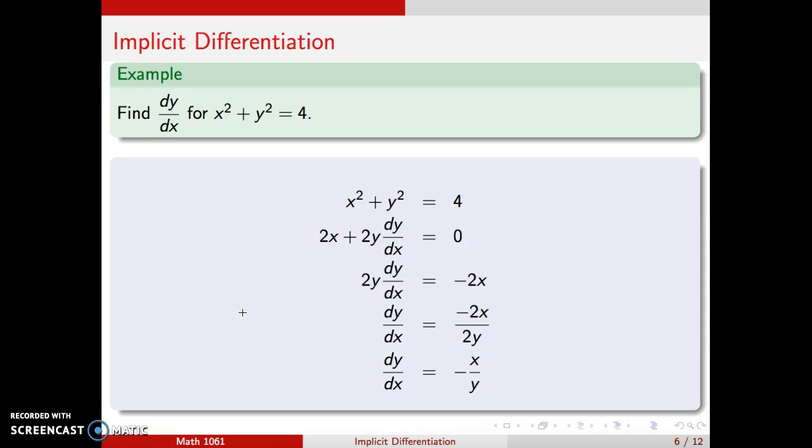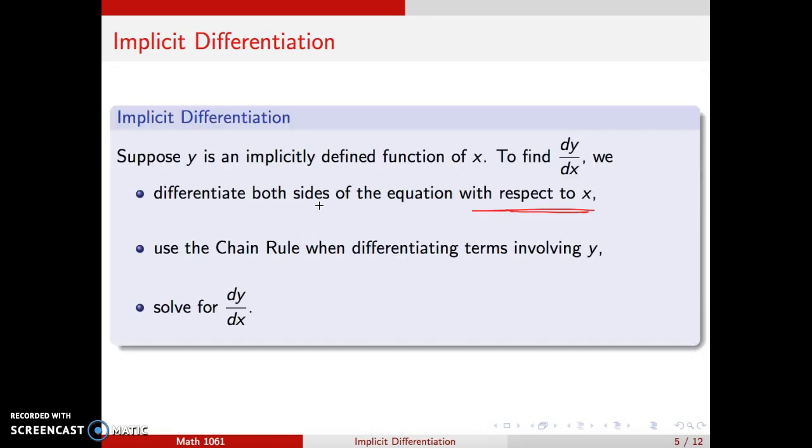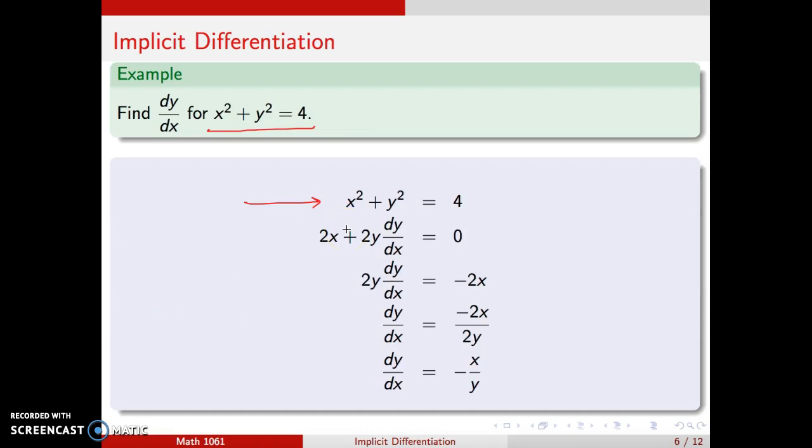So here's an example, and everything's worked out, so you don't have to watch me write everything out. Back with our example, x squared plus y squared equals 4, a circle centered at the origin with radius 2. We differentiate both sides with respect to x. Differentiating the first term gives 2x, just a basic power rule.